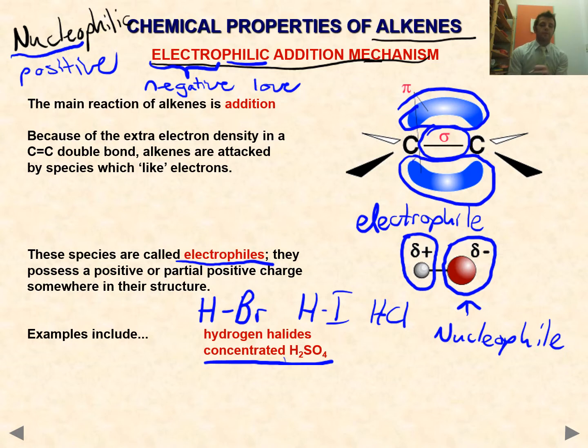I bring this up now because we are going to start to see some nucleophiles, and it's just good to think of it ahead of time. The most common ones are going to be hydrogen halides, so HBr, HI, HCl. All of these are going to be great electrophiles for additions, and then also concentrated H2SO4. This is just a very strong acid.